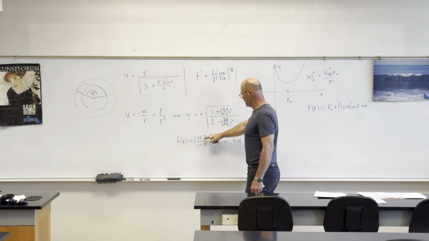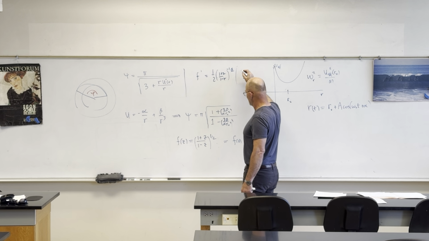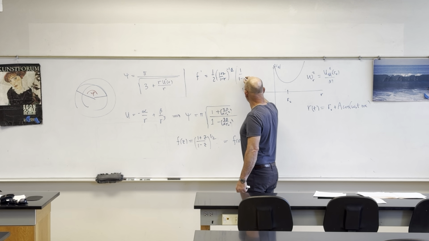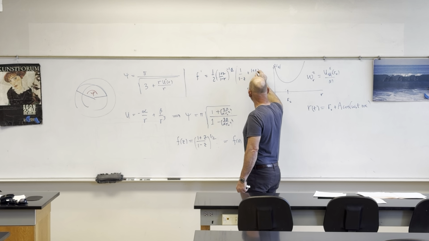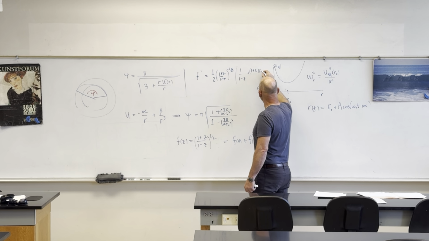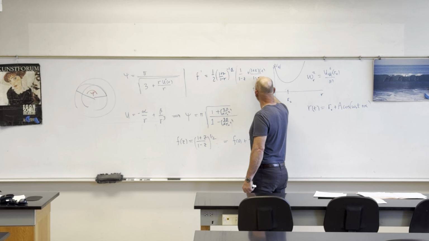And that's just going to be a 1 when we're done with it. So the derivative inside is 1 over 1 minus z plus 1 plus z times negative 1, over 1 minus z squared times another negative 1.